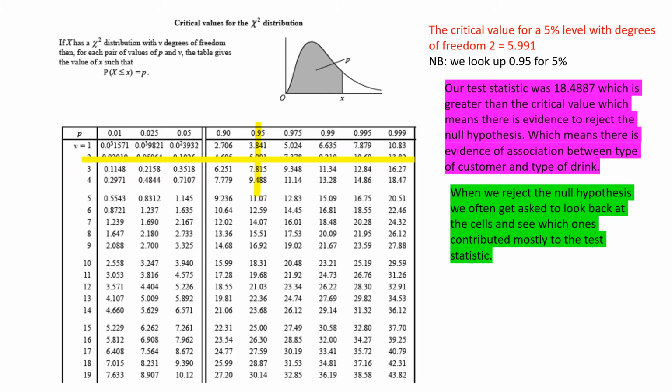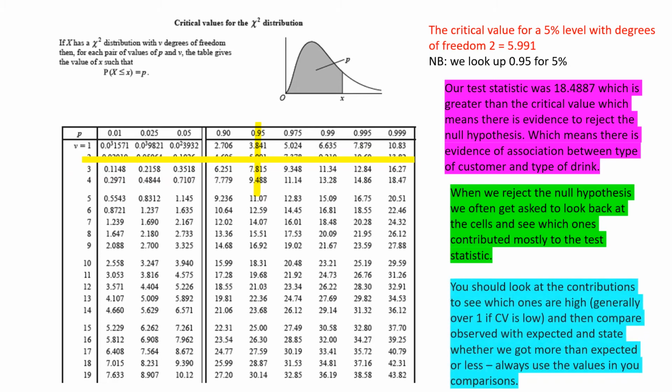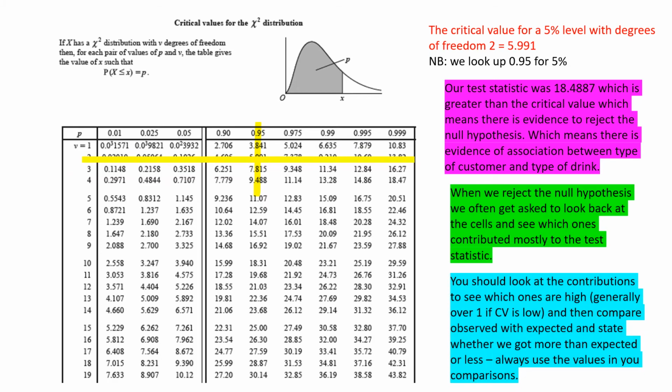So basically what you want to be doing is looking at the cells and picking out all the differences between observed and expected. You need to look at the ones where the contributions were high. I generally look at ones over 1 if your critical value is low. But if your critical value is quite high, then you might think, well, 1 to 1.5 is okay. But use your common sense. It's pretty straightforward.